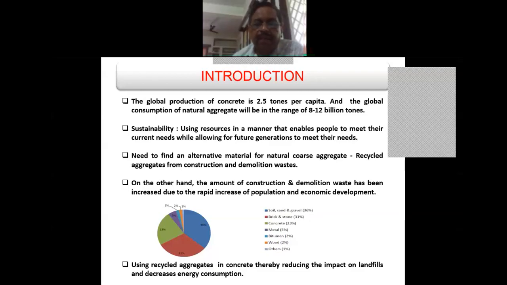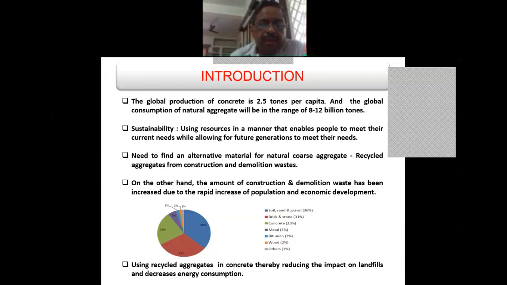You can just remember this definition, because IS 383 also defines RCA and RA in a different way. RCA is only the concrete which is broken and made into aggregates, whereas RA, recycled aggregate, will contain concrete, bricks, and other materials from the construction and demolition waste also.